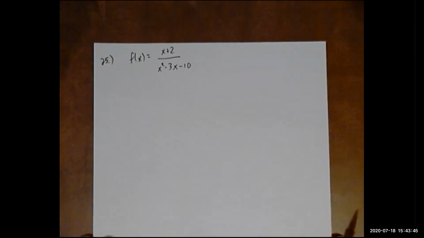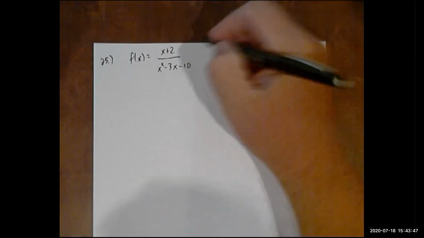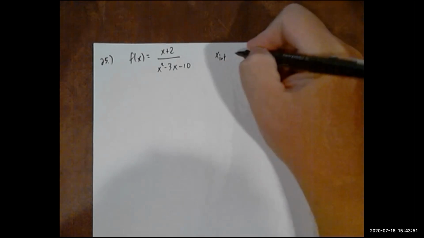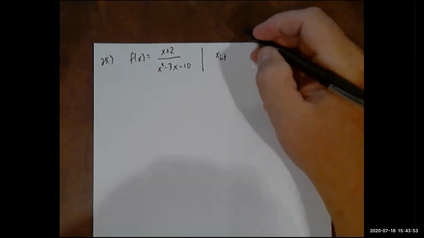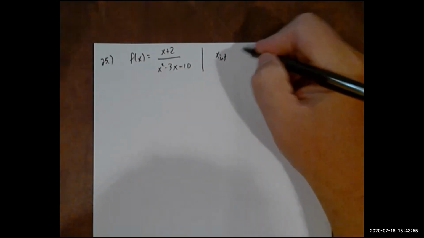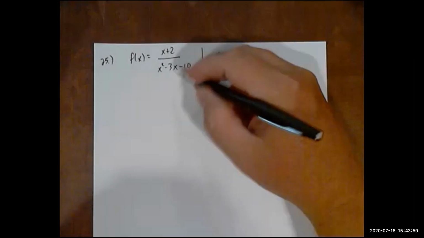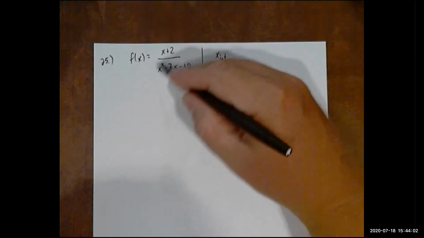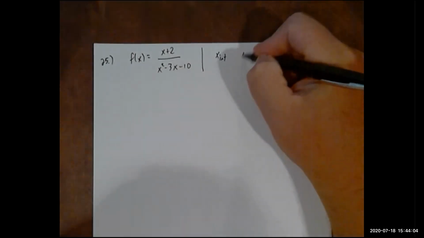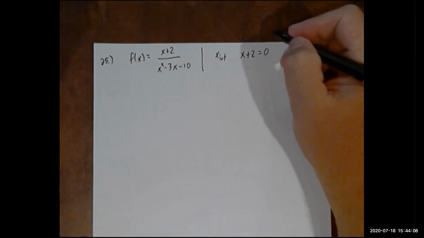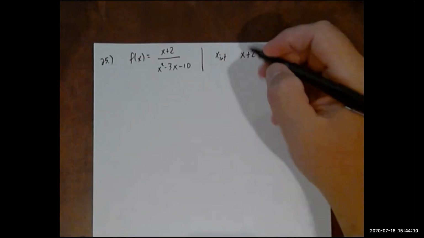All right, we pretty much know the routine now. X-intercept. One shortcut for x-intercept, you have a fraction. You sort of ignore the denominator to get the x-intercept. You can just set the numerator equal to 0. That's like a little shortcut.